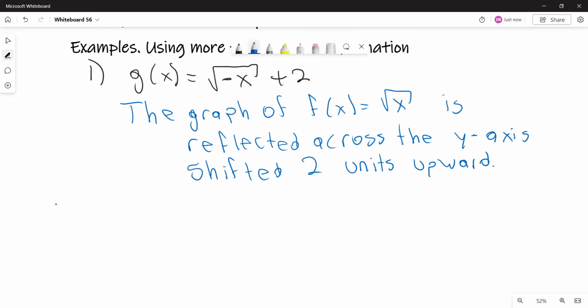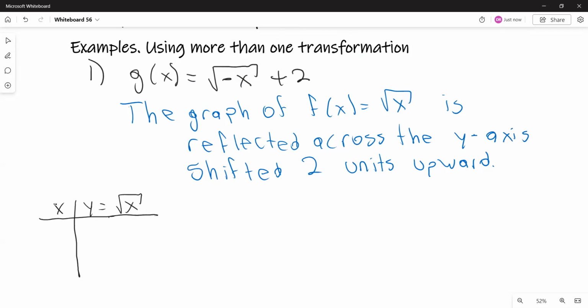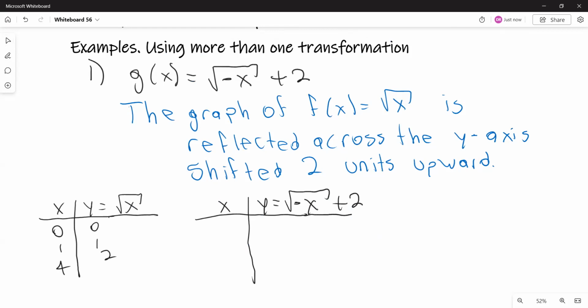The basic function is the square root of x. The new function is the square root of the opposite of x plus 2.